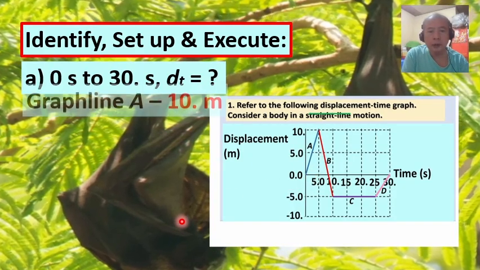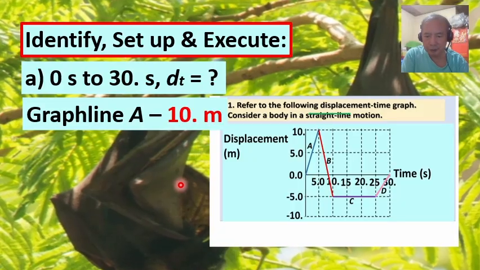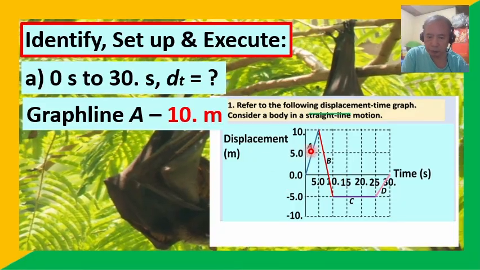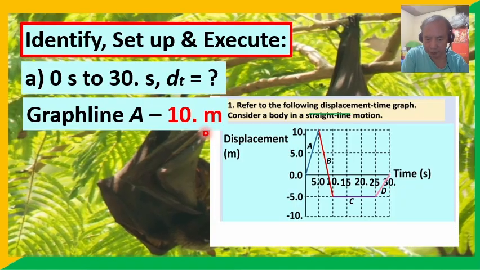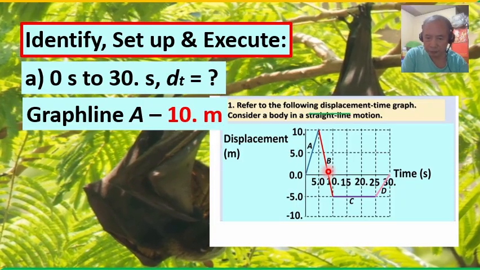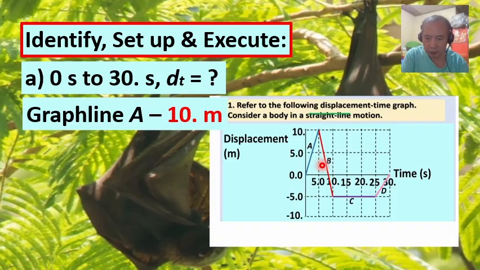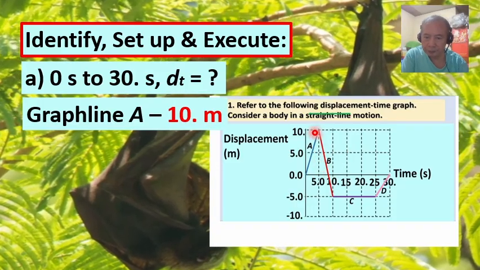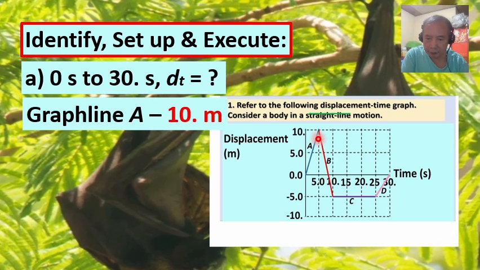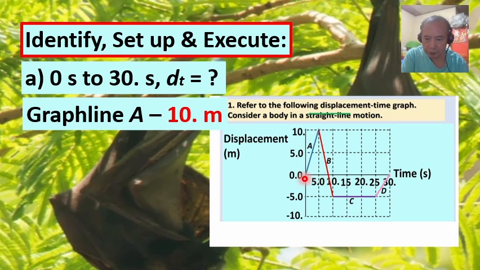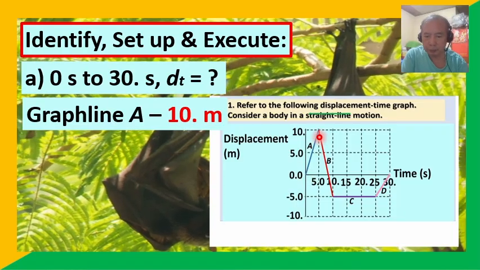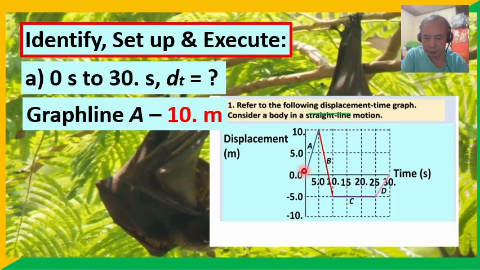So for graph line A, the distance traveled by the body is equal to 10 meters, because the change in position is from 0 meter to 10 meters.